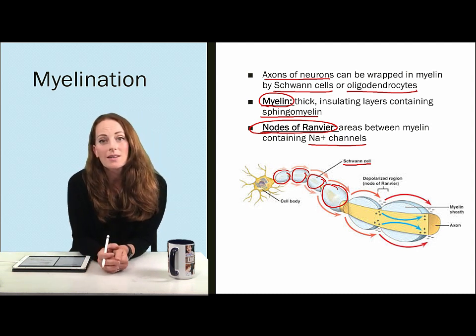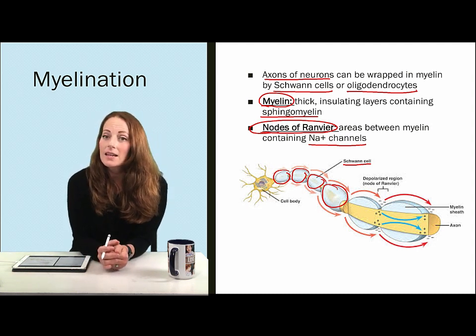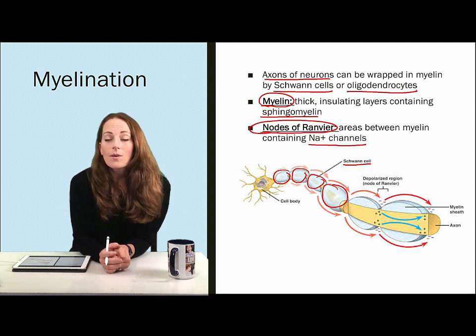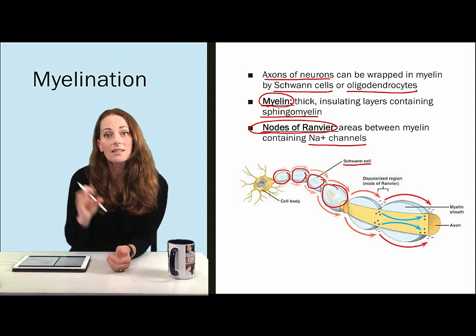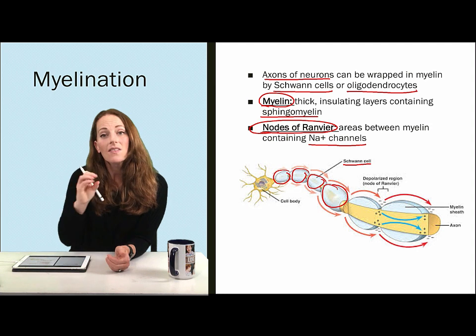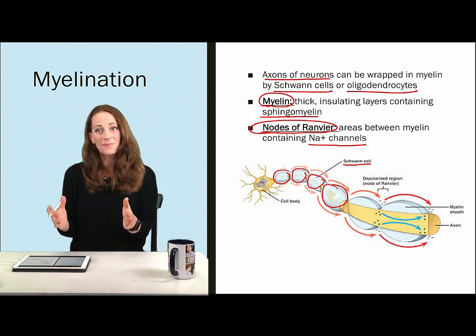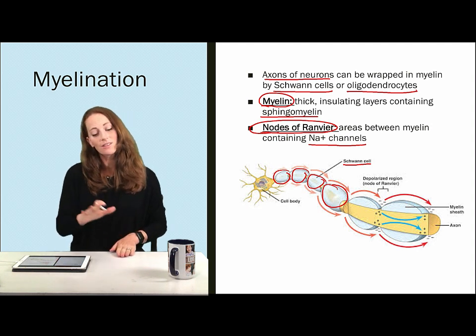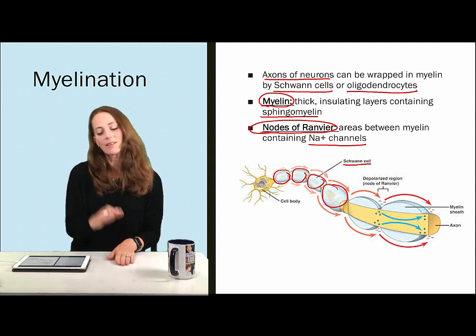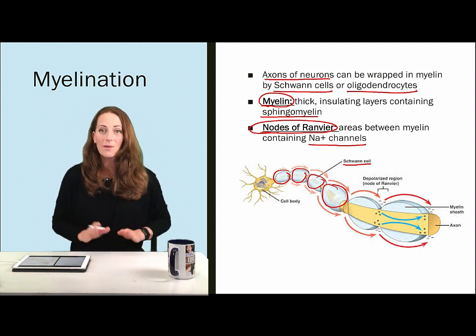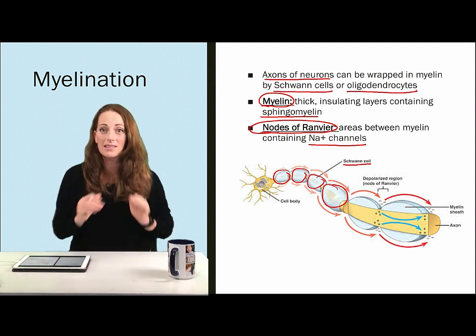The way that it works is that the myelin insulates and the nodes of Ranvier conduct the signals very quickly. So think about if you're walking across a garden. You can either saunter step by step across the grass, or you can hop along stepping stones.